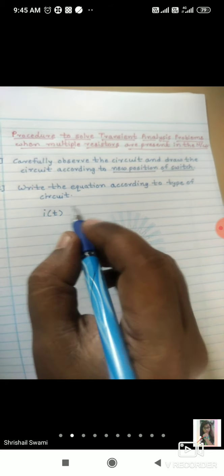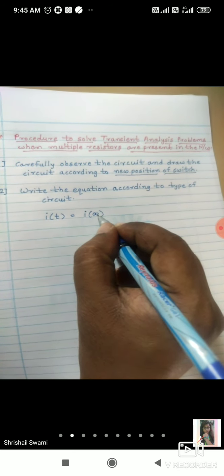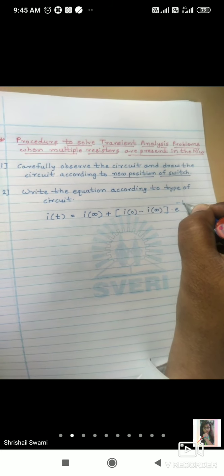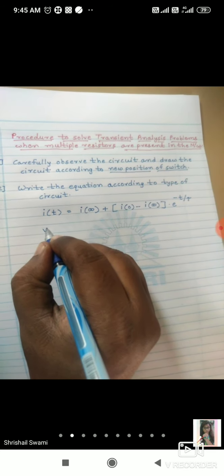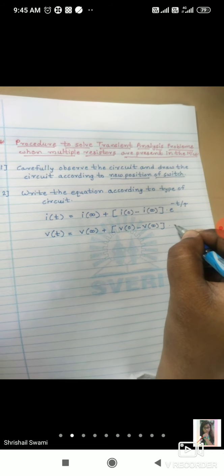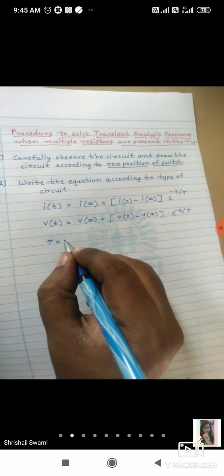If inductor is there or if current response is required, then I of t is equal to I of infinity, infinity meaning the final condition, plus bracket I of 0 minus I of infinity bracket complete, into e raised to minus t divided by tau. This is about the inductor. For voltage, V of t is equal to V of infinity plus V of 0 minus V of infinity into e raised to minus t divided by tau.